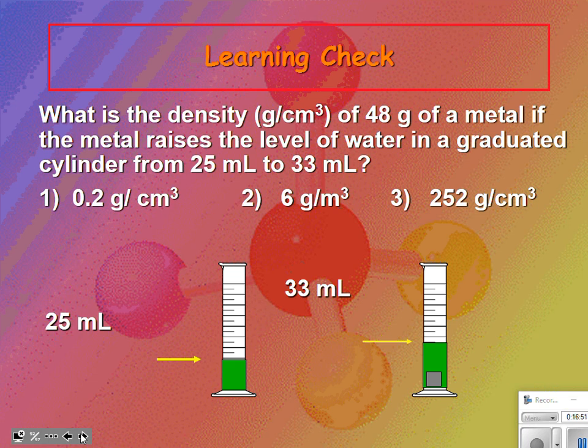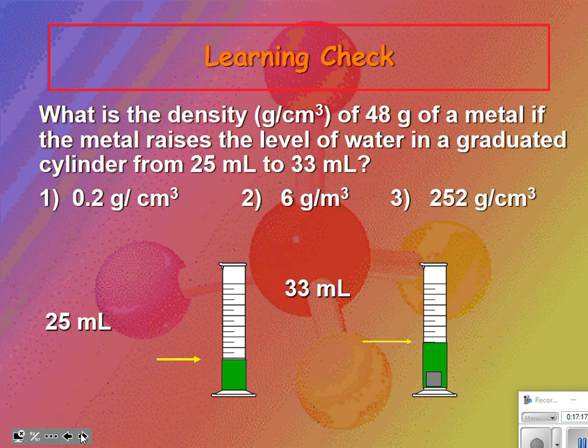We're going to take the 48 grams, because we've got the mass of it. We're going to divide that by the 8 mLs. And it's going to give me what answer? Okay? It's going to give me number 2, which is 6 grams.